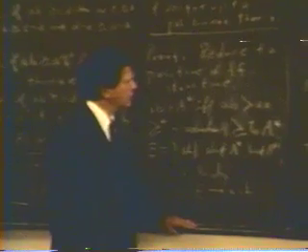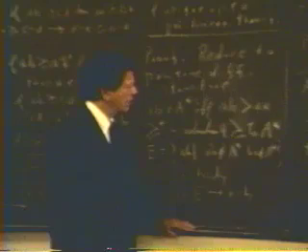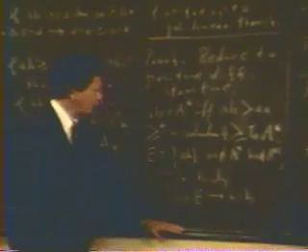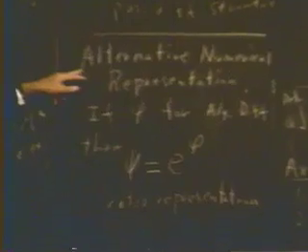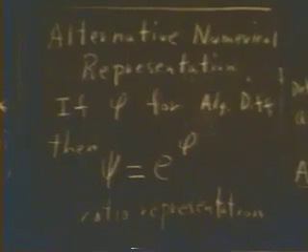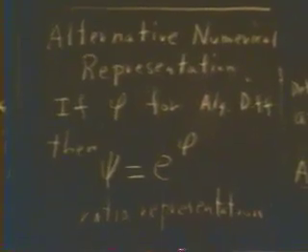There is an important point, not only a mathematical point about the representation, but one that is sometimes of concern in applications. Namely, we can have alternative numerical representations. Remember, as we emphasized in the discussion of the various representation theorems, the exact form of the numerical representation is not God-given.